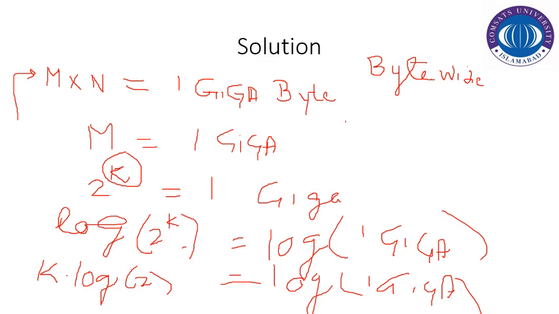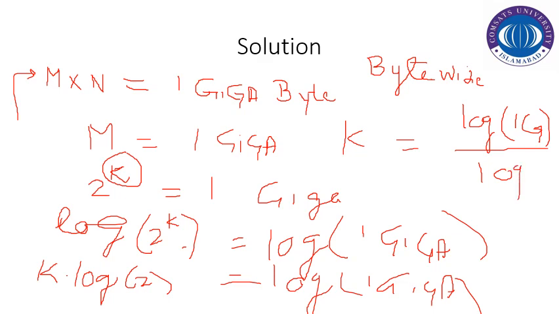So k is basically equal to log 1 giga divided by log 2, which is approximately equal to 29 point something, and we have to round that figure to the next higher value.